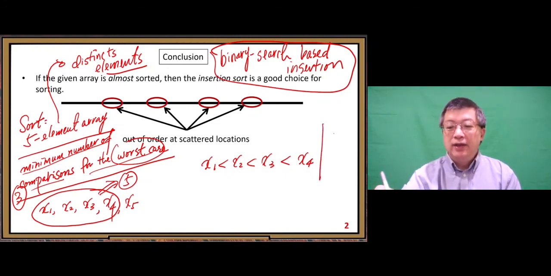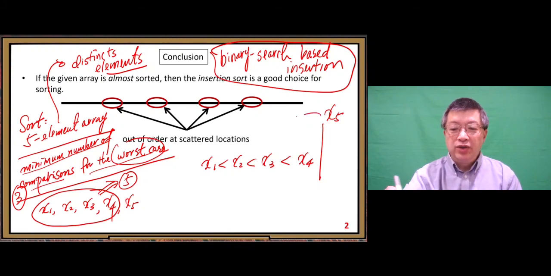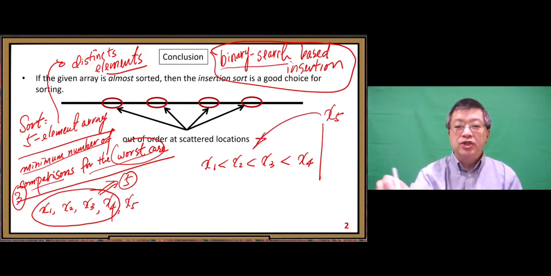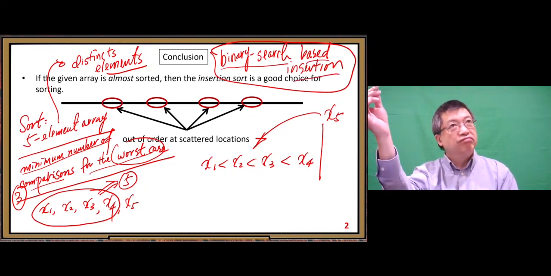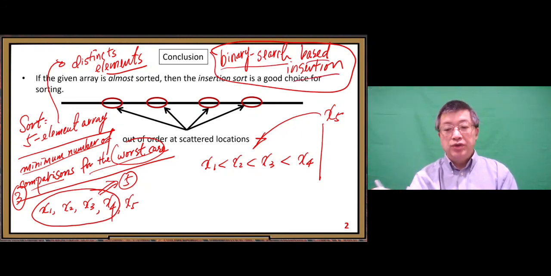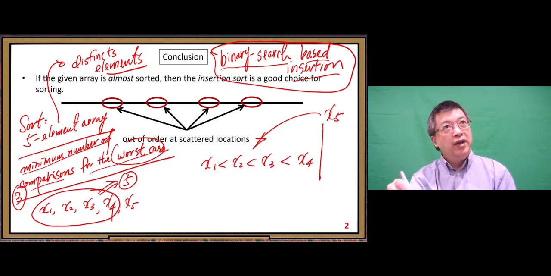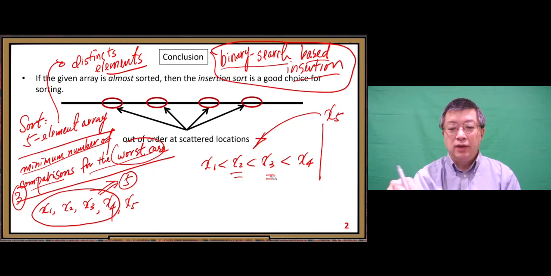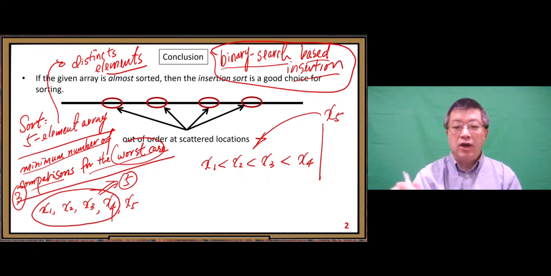Now, for the 5th element, when we want to insert it somewhere, we use the binary search based insertion. But with 4 elements, an even number of elements, which one should you compare? Compare one near the middle. x2 or x3, it doesn't matter. So here, let's say we compare with x2 first.